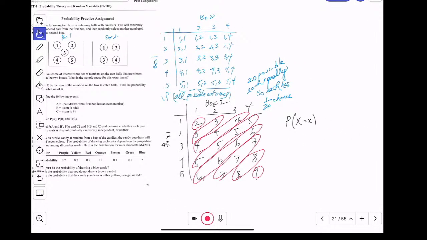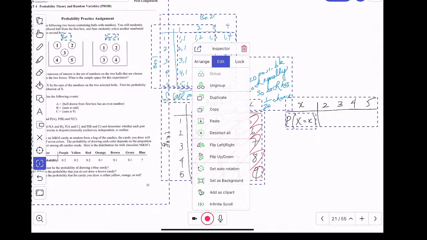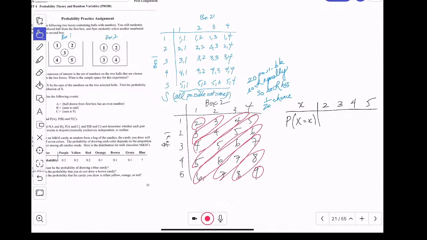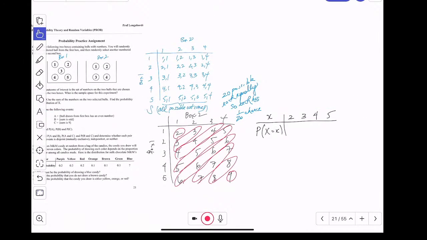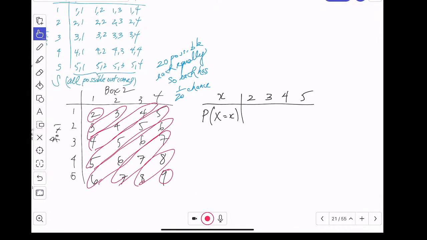So the possible outcomes for x are 2, 3, 4, 5, 6, 7, 8, and 9, right?